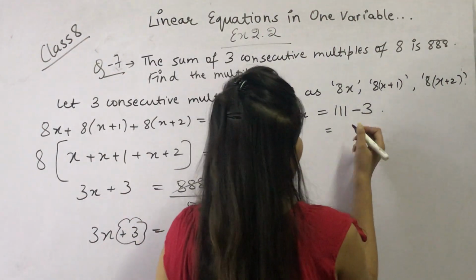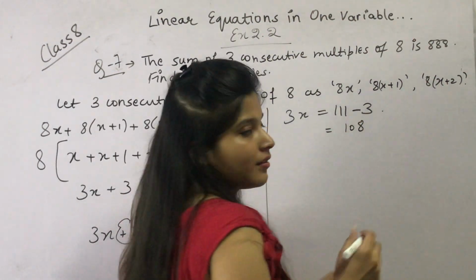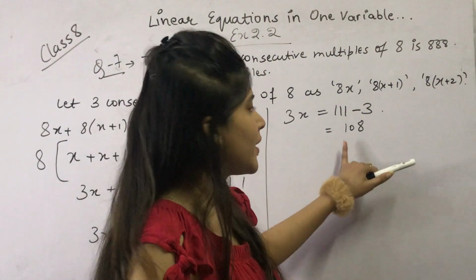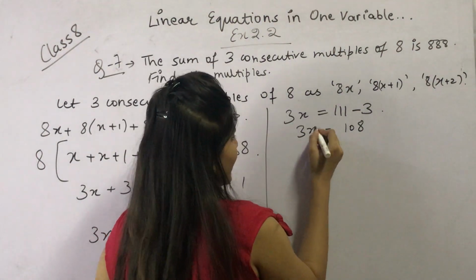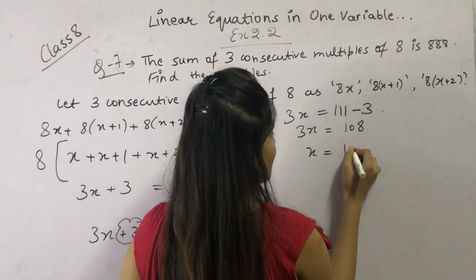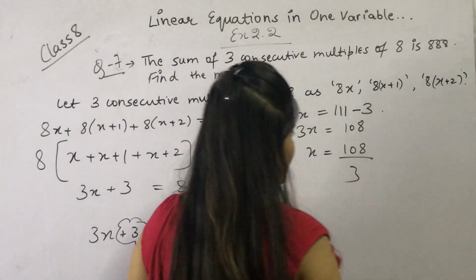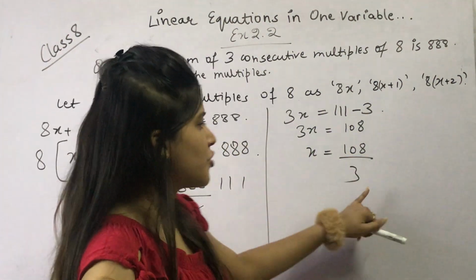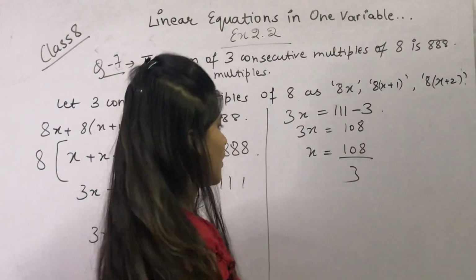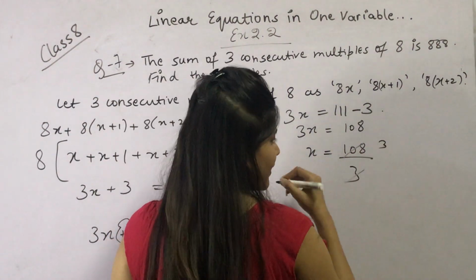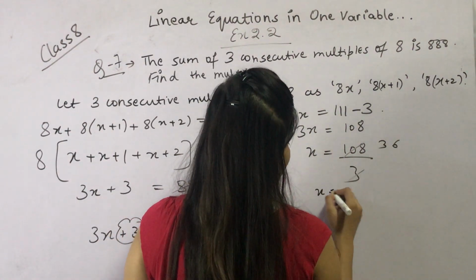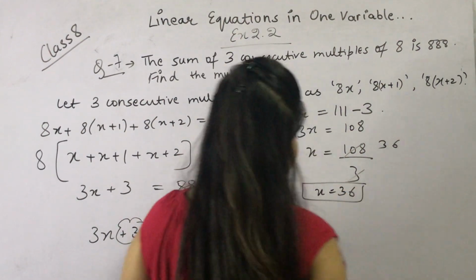Now 111 minus 3 is 108. 3x as it is. Now x equals 108 upon 3, because 3 was in multiplication, so now it will be in division. Now 3 3s are 9, 3 6s are 18. So x comes out to be 36.